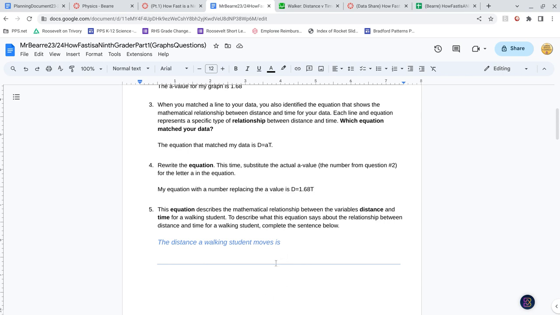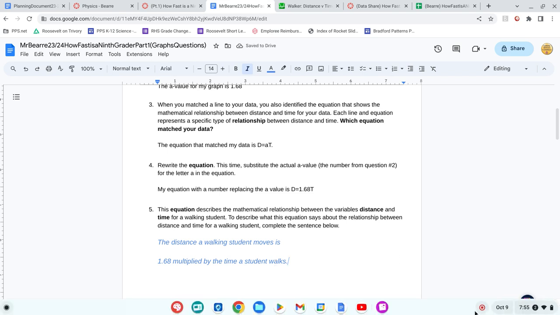So it's going to read something like, the distance a walking student goes, which is D equals, is 1.68 multiplied by the time a student walks. So that means every second they walk, they're going to go about 1.68 meters. And there you go. That is your tutorial for graphing on Desmos today.